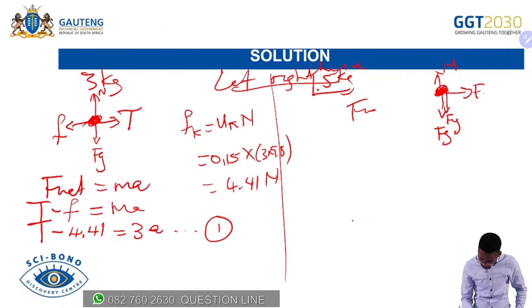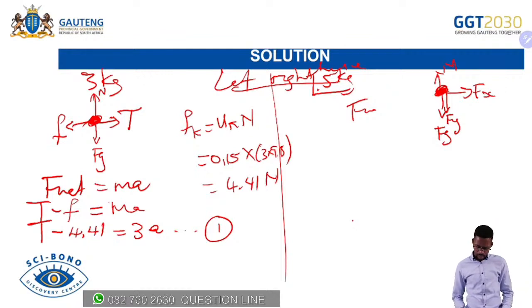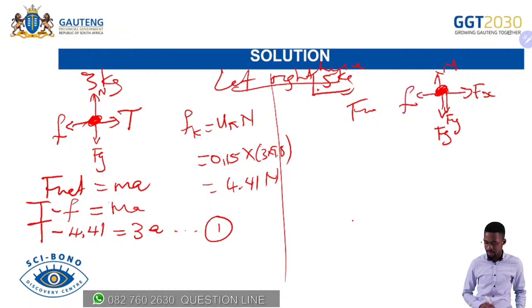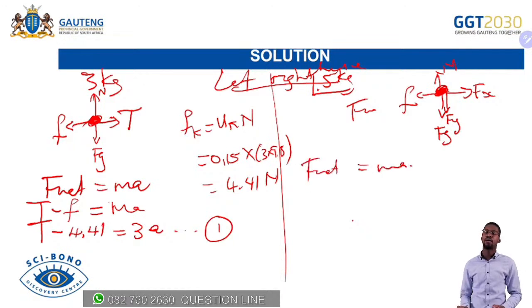And we are going to have F of x. As the object is going to the right, it experiences what? Frictional force in the opposite direction. So this is the situation that we have. Then you can say F net is equal to ma.